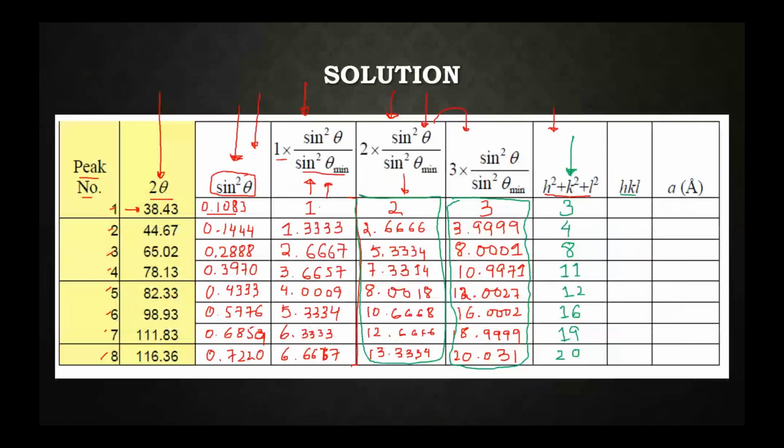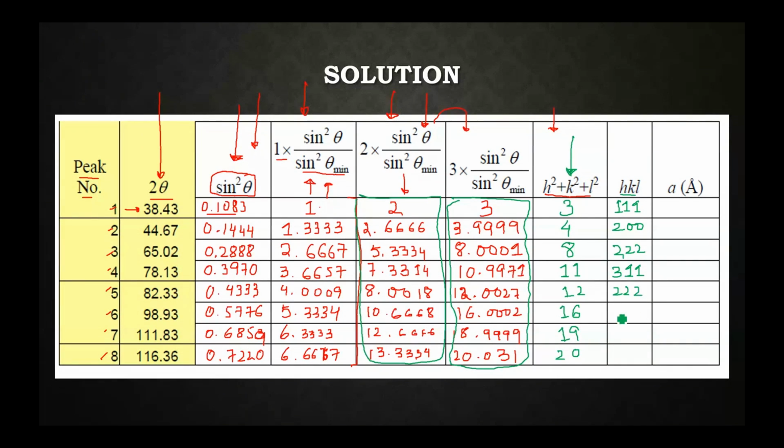Now, if you could dictate me the values for HKL: 111, 200, 222, 311. Then the value is what? 222.